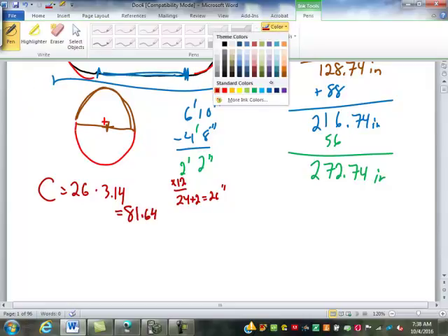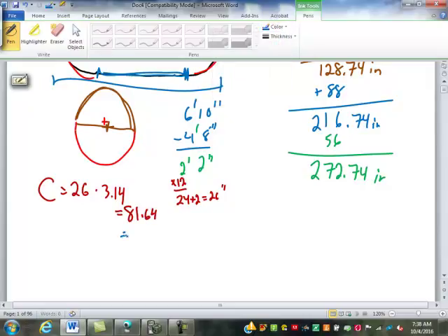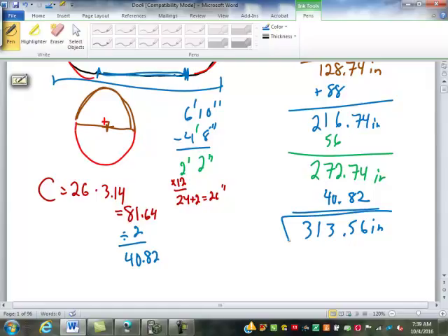But again, between the 2 quarter circles, we only have half a circle, so I'm going to divide that by 2, which will give me 40.82. So 313.56 inches is the distance around.